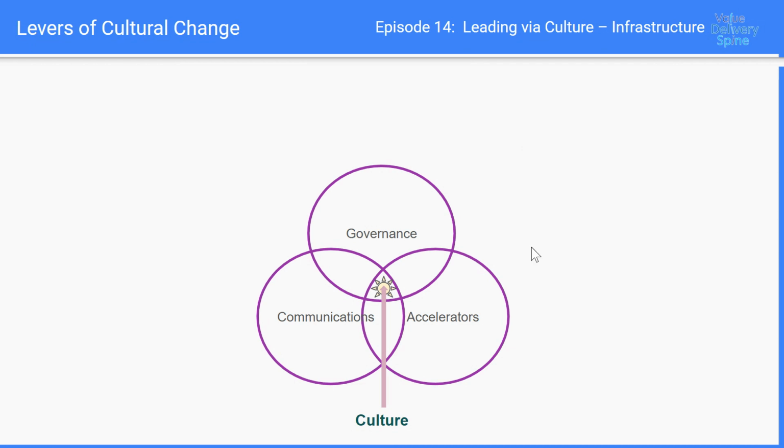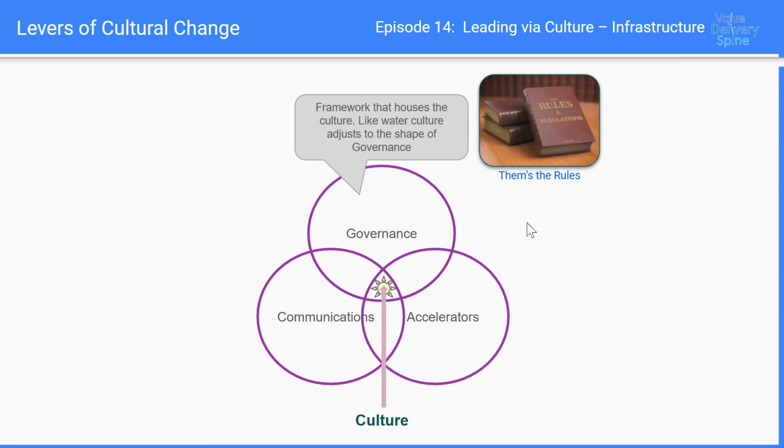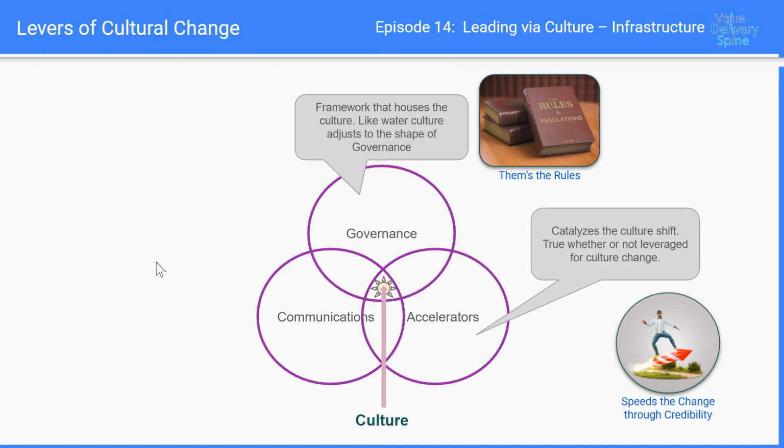And there's 3 aspects of infrastructure when we're building culture: governance, which is the policies and practices that we use to manage ourselves within that culture; accelerators, the things when we need to shift our culture or really entrench our culture that help to catalyze the culture that we want to have.